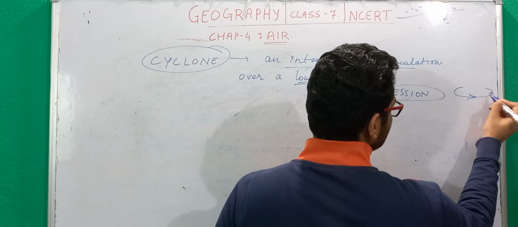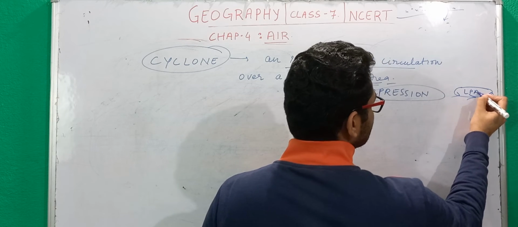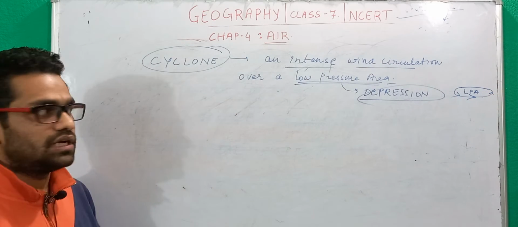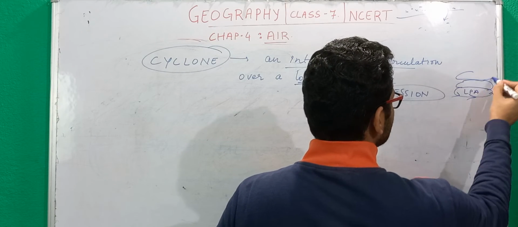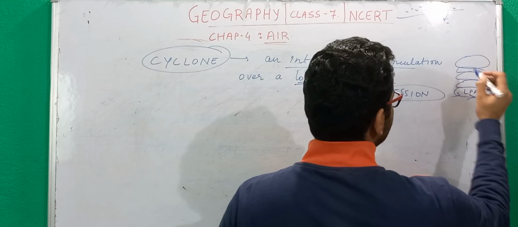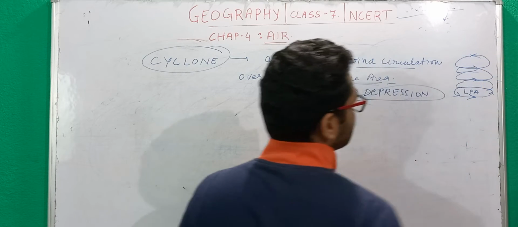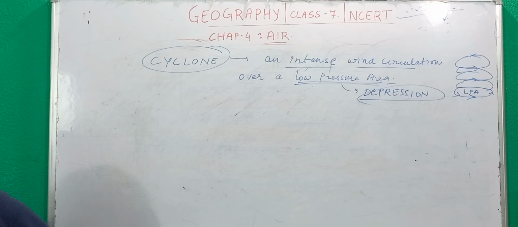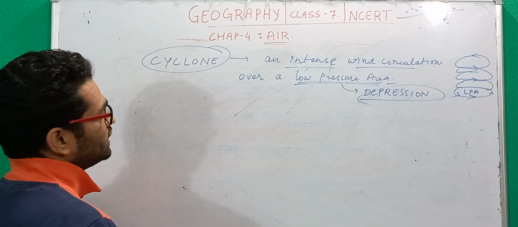In this direction you will find that wind is flowing, and here a low pressure area is created, and it will continue to flow in this manner, in west to east direction. So this was the idea of cyclone.